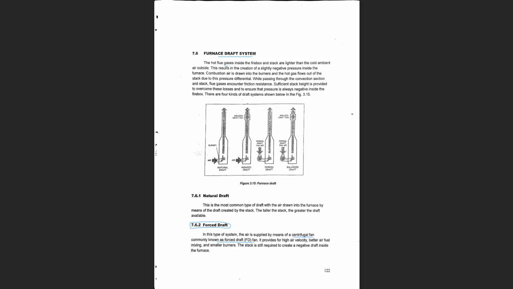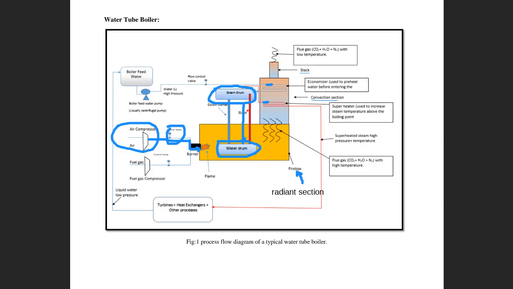لاحظوا أن في الرسمة عندنا اللي حقت البويلر. Let's go back again. We have, as you can see, an air compressor or air blower. جميل. Air is taken from outside, filtered, and then compressed.